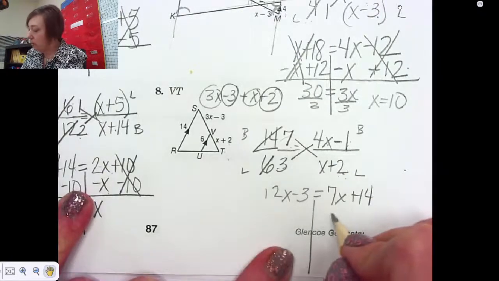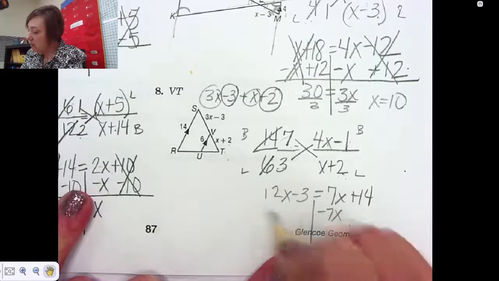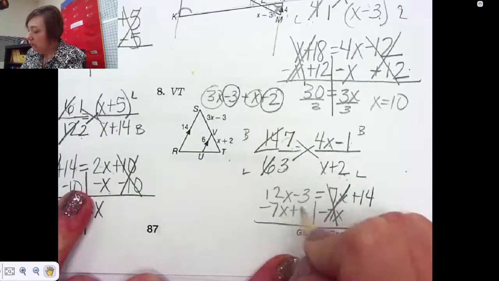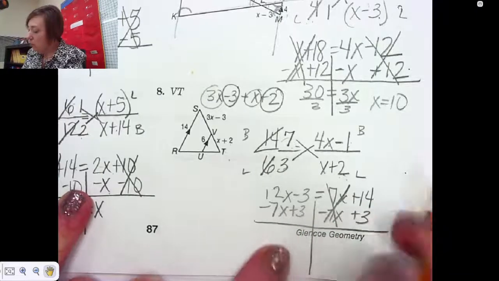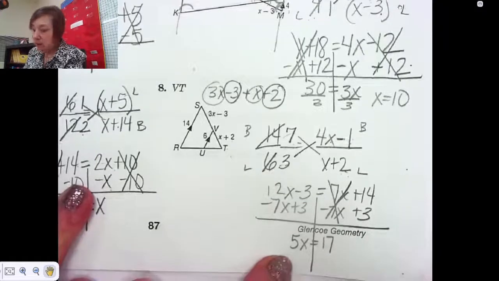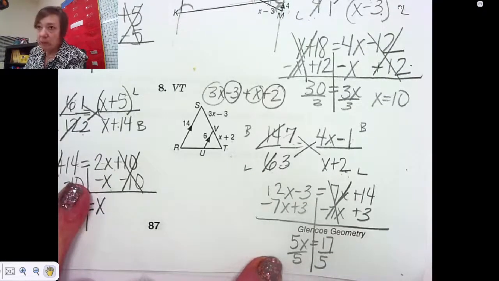Okay. So what are y'all moving? 7x. Moving the 7x. Okay. And add the 9. So you wind up with 5x equals 23, right? So when you divide by 5, you know you're not getting a whole number.